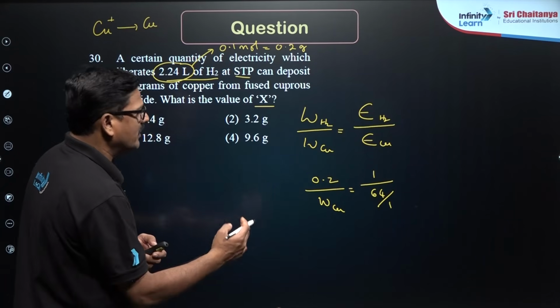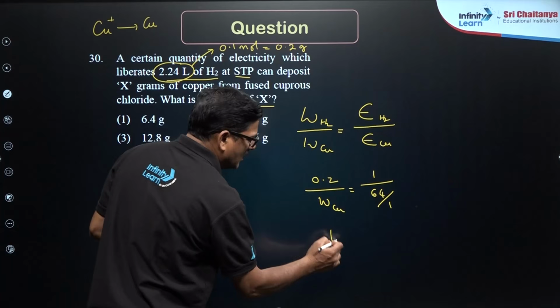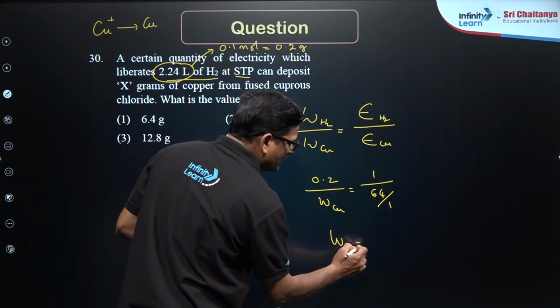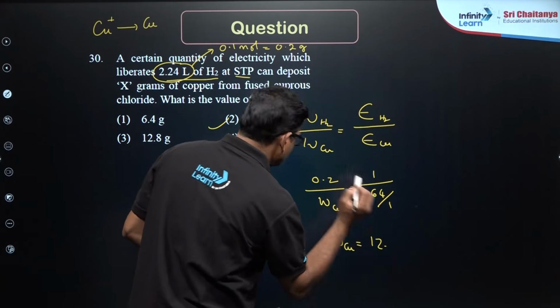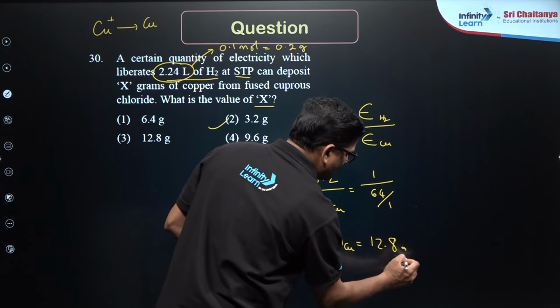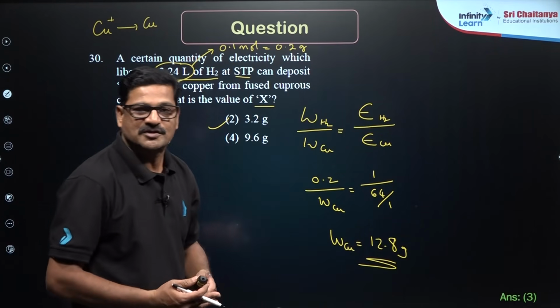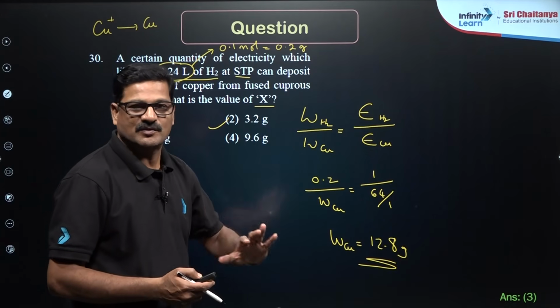On doing so, the weight of copper comes to be 12.8 grams of copper will be deposited. Option 3 is the correct answer for this question.